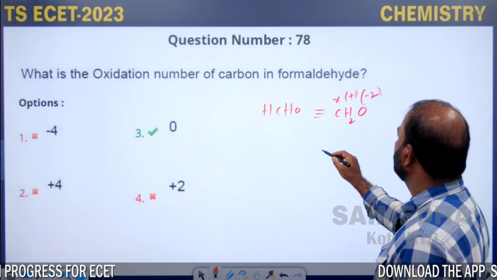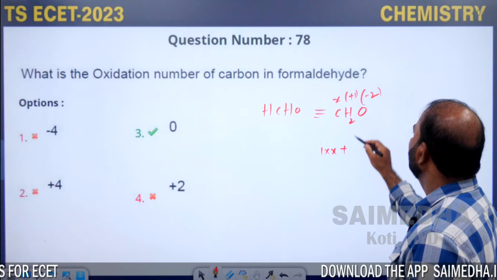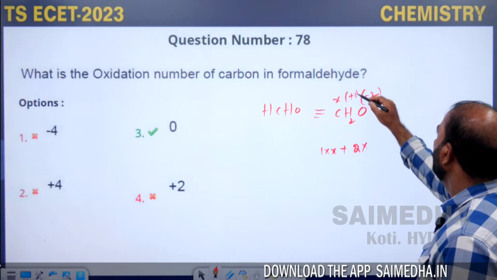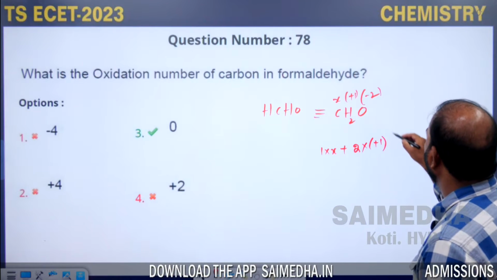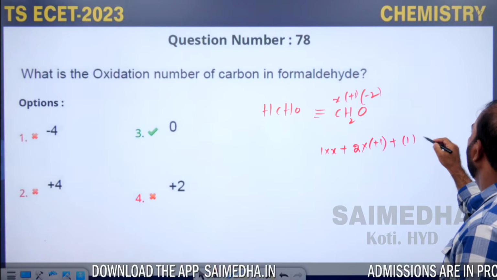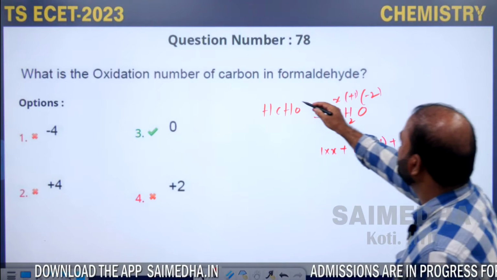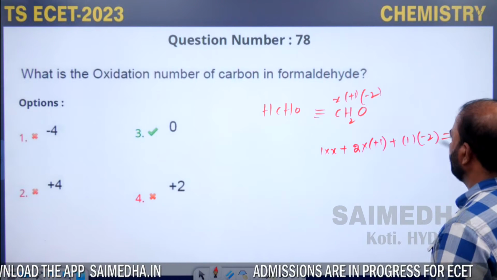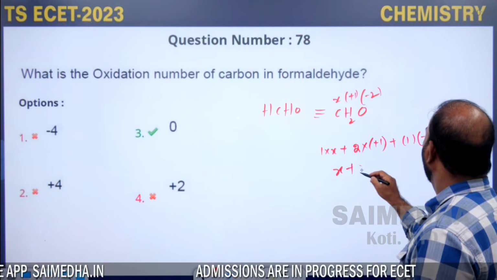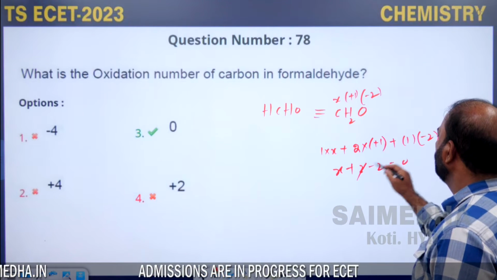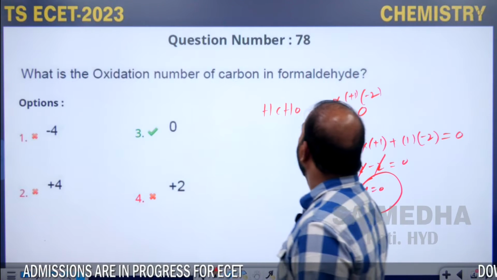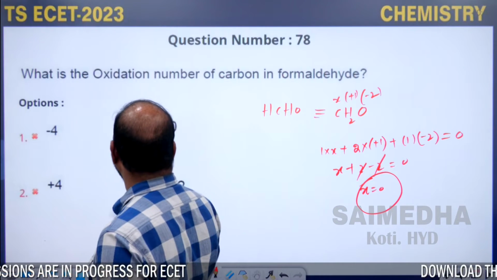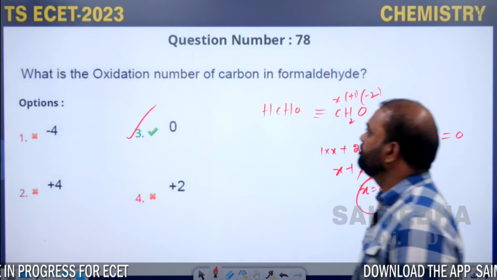So 1 carbon, 1 into X, plus 2 hydrogens, 2 into +1, and for 1 oxygen -2, but the net charge is 0. So equate this to 0: X + 2 - 2 = 0. The 2 and -2 cancel, so X is equal to 0. So the oxidation state of carbon in formaldehyde is simply 0. Option 3 is the right answer.